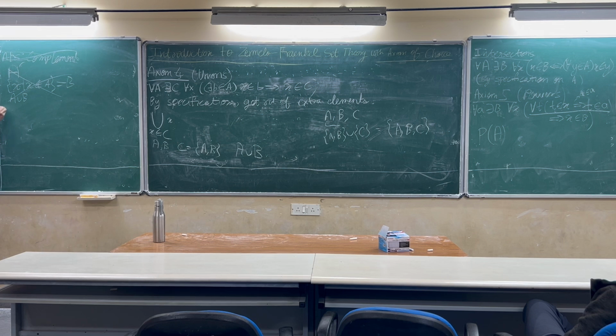But you can talk about relative complements. You can talk about all sets which are not in A but in B. And this is once again just a subset of B which you can get by specification. It's written in set-minus notation and it's just this. Just a subset of B. This makes sense. And often we talk about complement without mentioning the larger set, and in such cases the larger set is understood.